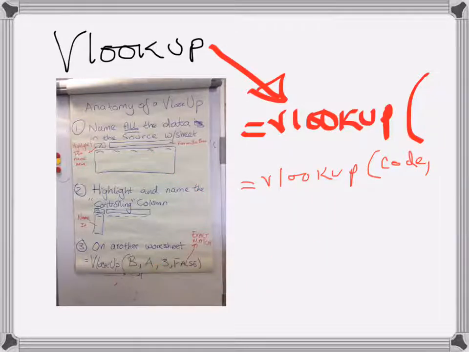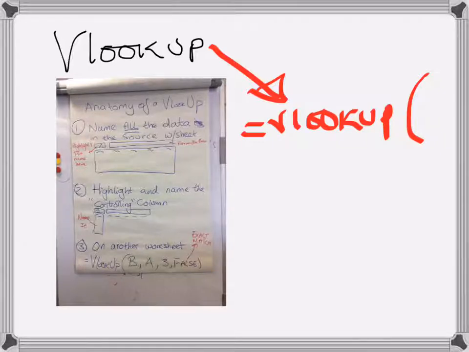So always remember how you put together your VLOOKUP formula. Name all parts of your VLOOKUP formula so that when you're actually creating it in the exam, it will be so much easier for you to follow your data. And name the areas appropriate to what that area represents, okay?